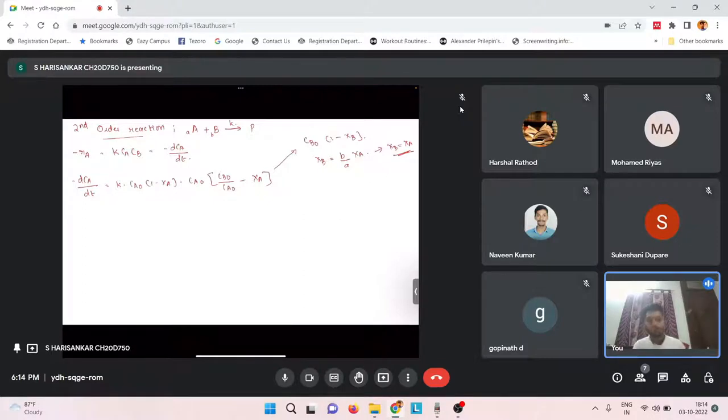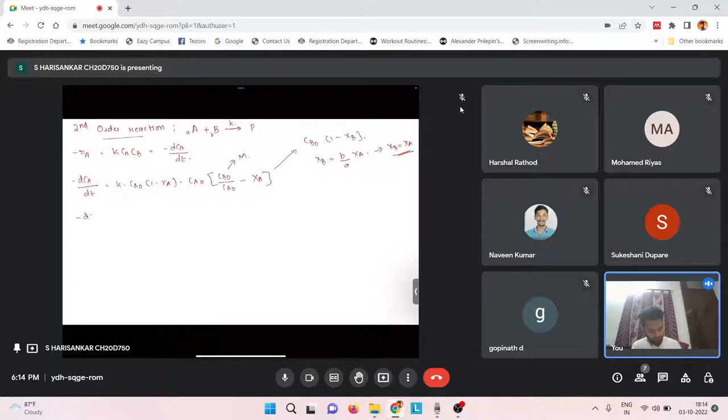What we are doing here is rearranging this in a way that we are taking out CA0 from this term. The other thing we have to note here is this CB0 by CA0, which is basically the ratio of the initial concentrations of the reactants. You can write this as M.